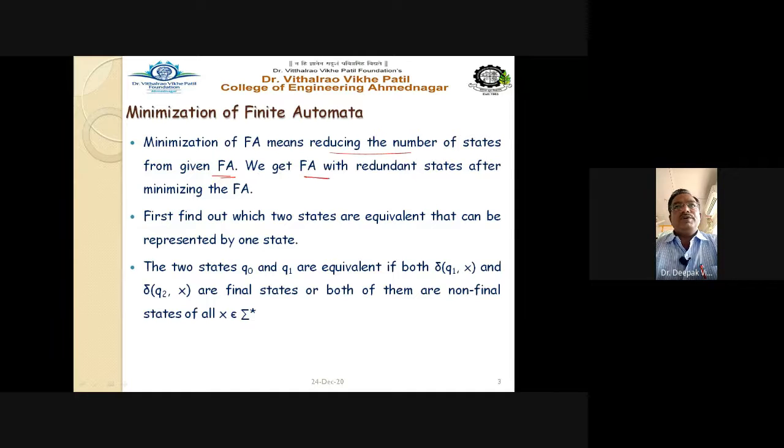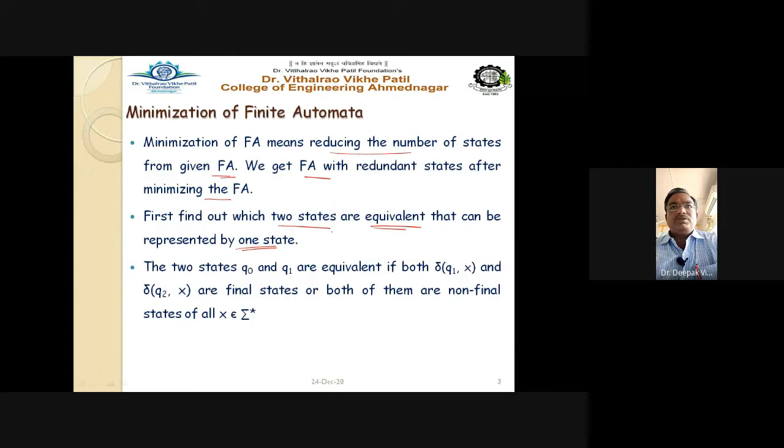We get a finite automata without redundant states after minimizing the automata. So for this minimization, first find out which two states are equivalent, so that they can be represented by one state. It may happen that in an automata, two states on the same or different input lead to the same state.